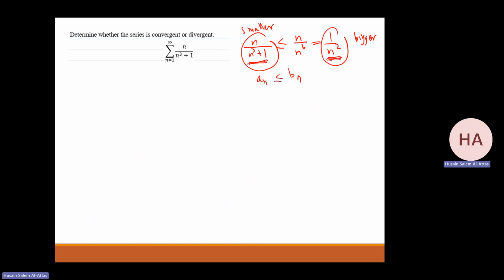I know the bigger one. This is, I know it. The summation of bn will do what? Converges. Why? P series with p greater than 1. So I know the bigger one converges. Let me go back.